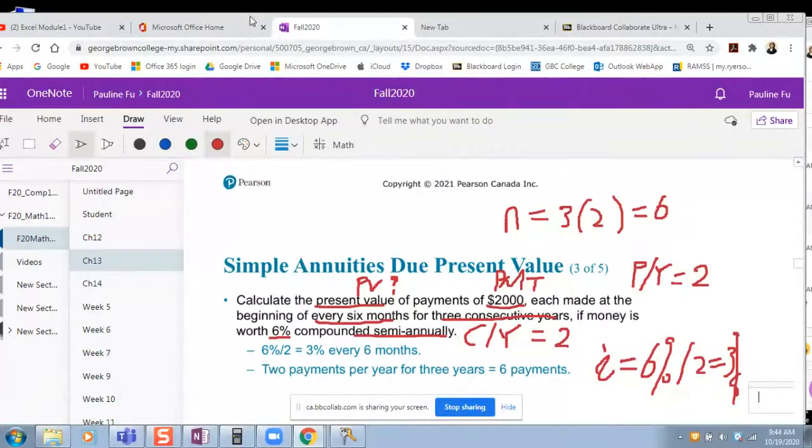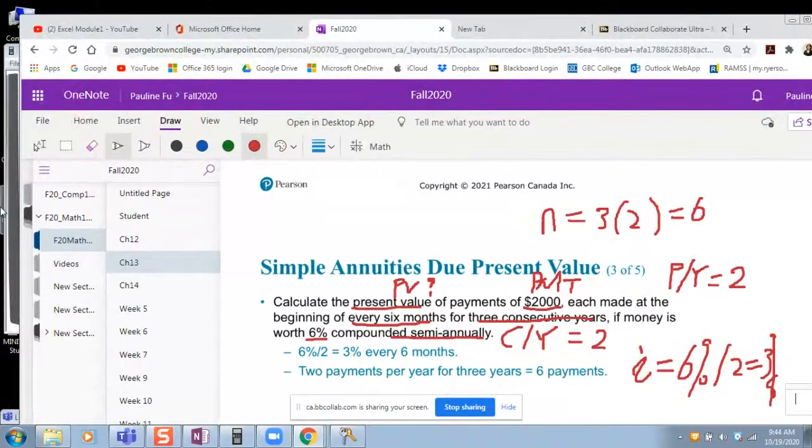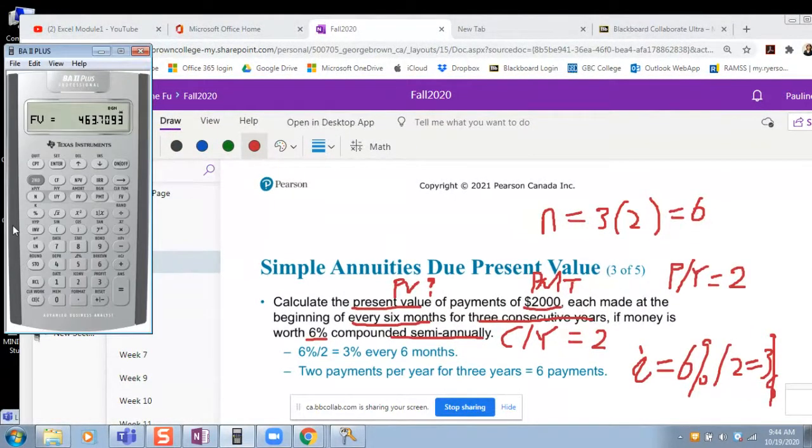The calculator method. I'll go second format, and then second P/Y equal to 2.